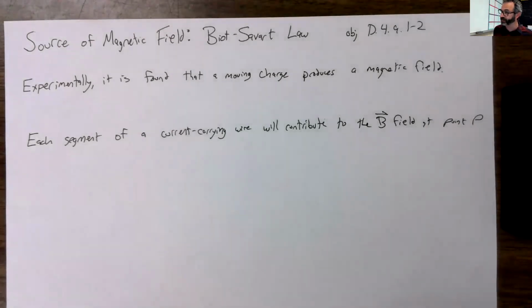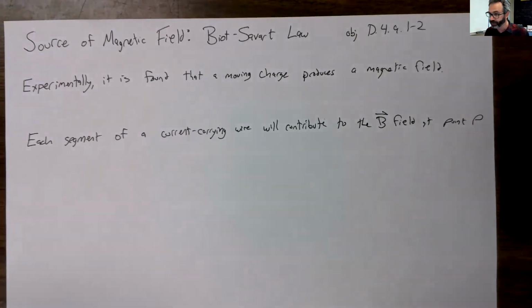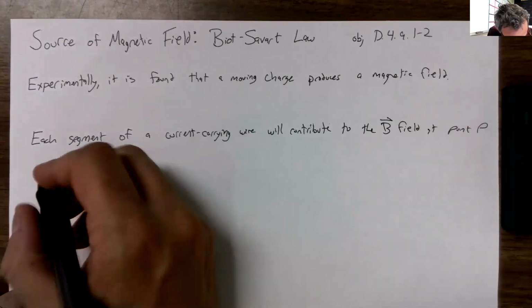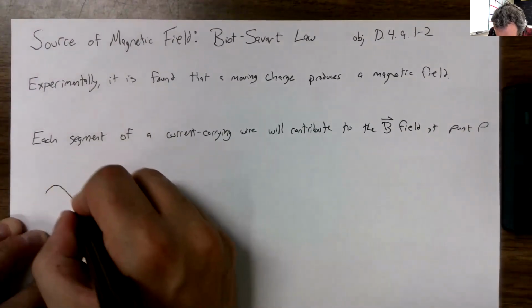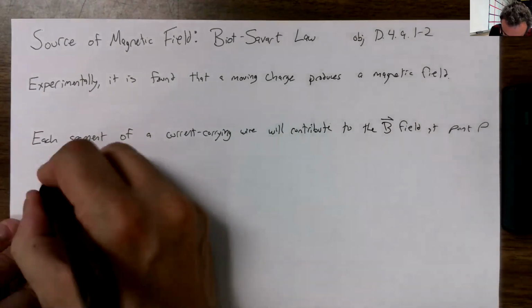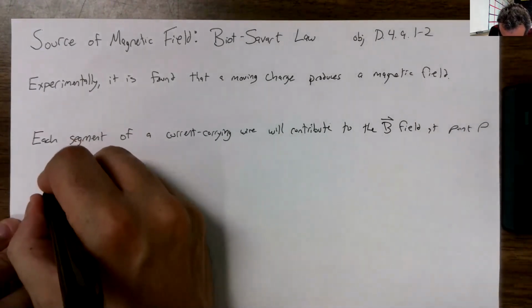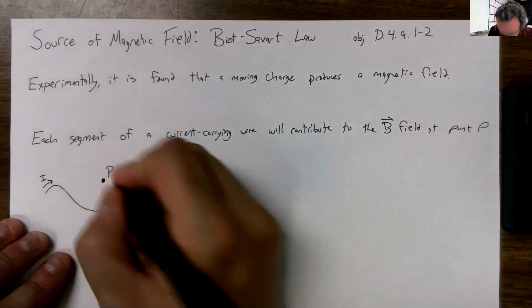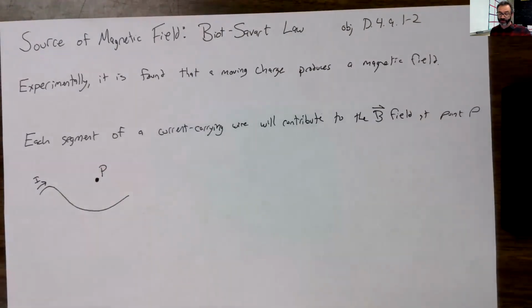We know that a magnetic field or an electric field or any field has a value at every point in space, the magnitude and direction. So let's take a look at here's an arbitrary wire. We've got current flowing through here. Here's our point P, where we want to find what the value of the magnetic field is, the magnitude and direction.